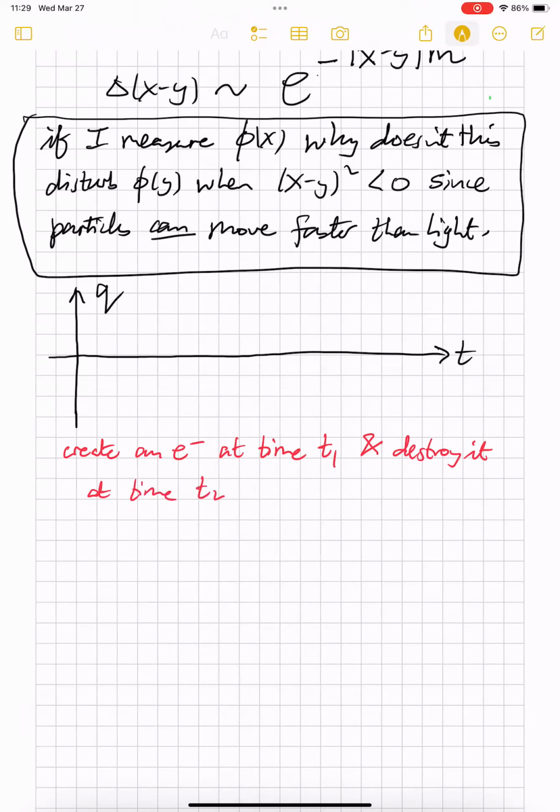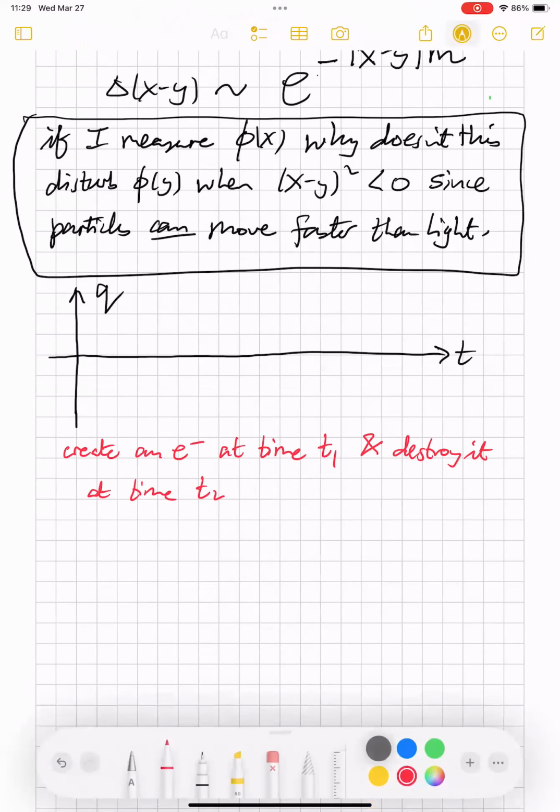Okay, so that's what I'm going to do. So let's put on T1 and T2 in this plot. So here is T1 and here is T2. What does the charge in the universe look like? Well, it'll look something like this.